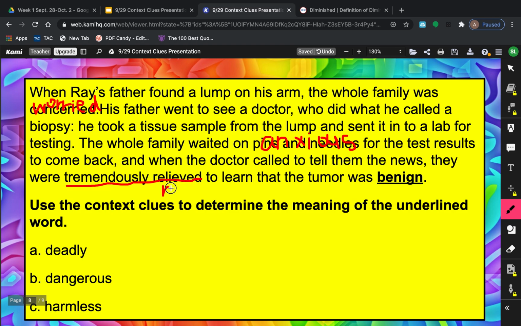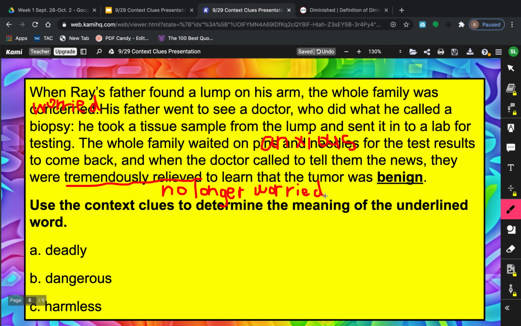So I'm going to write that out right here. It's taking me a little bit of time to write with the drawing tool. And it says they were tremendously relieved to learn that the tumor was benign.